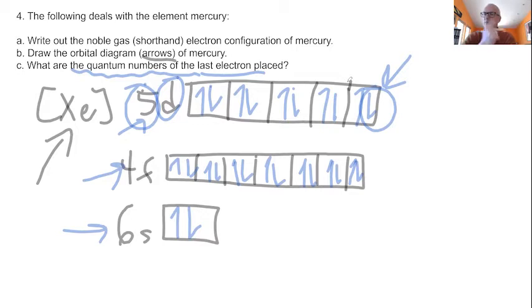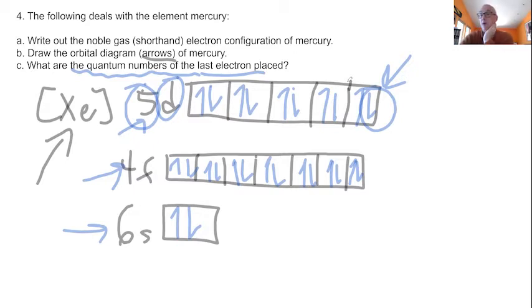What's the very first quantum number? It gives us the most basic information of where an electron is. What's the first thing we want to know about where an electron is? The shell.